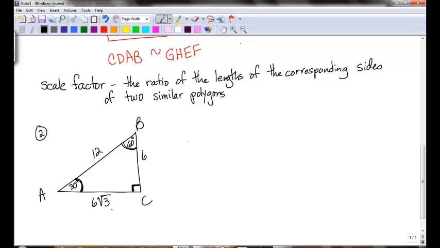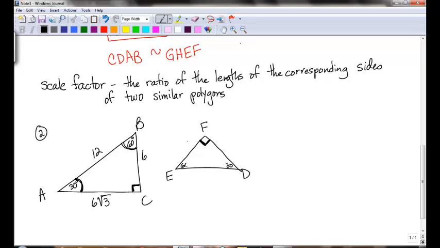Okay, now they can rotate these. They don't have to look exactly alike. Let's say I rotate this and I make it smaller. Label this, my right angle up here, is F. Label this as E. Label this as D. This angle is 30.